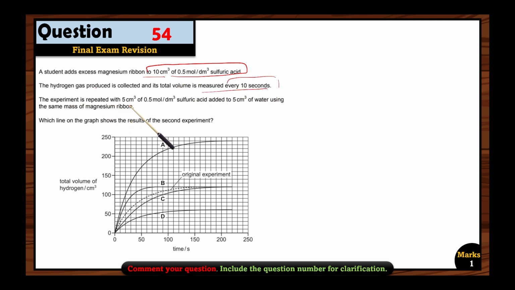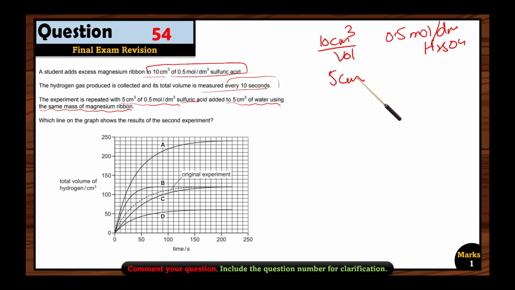The experiment is repeated with 5 cm cube of 0.5 mol per dm cube sulfuric acid added to 5 cm cube of water, using the same mass of magnesium. So in the first experiment we have 10 cm cube of 0.5 mol per dm cube H2SO4. In the second experiment, 5 cm cube of 0.5 mol per dm cube H2SO4 was added into 5 cm cube of water.